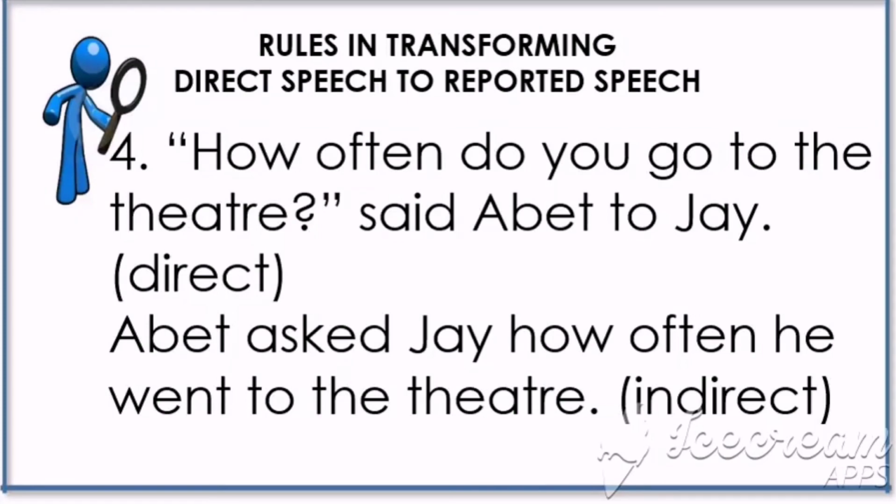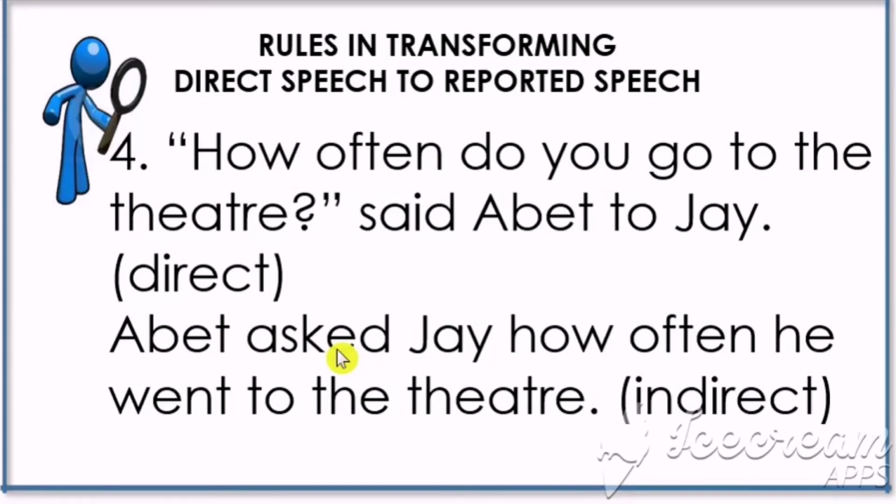Example number 4. For our direct speech, "How often do you go to the theater?" said Abbott to Jay. So what is our indirect speech? Abbott asked Jay. So we're just going to use the subject Abbott. Next is our verb asked. So we change the verb said to asked.